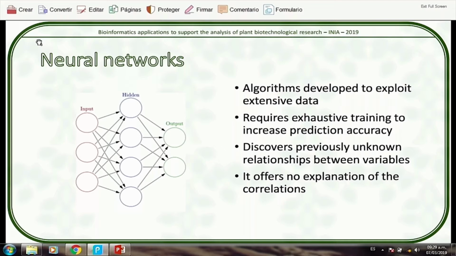So neural networks actually let you do very high fidelity predictions of what you're going to get if you feed them enough data. And by enough data, I mean hundreds of thousands of data points. That's basically what it does.